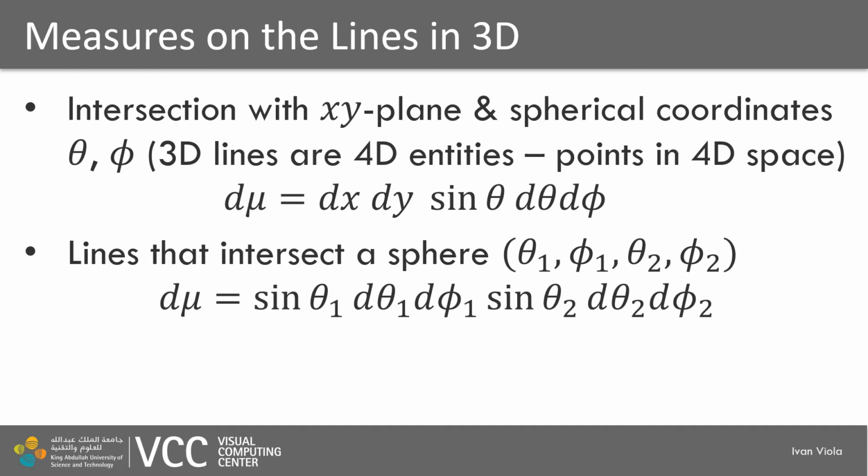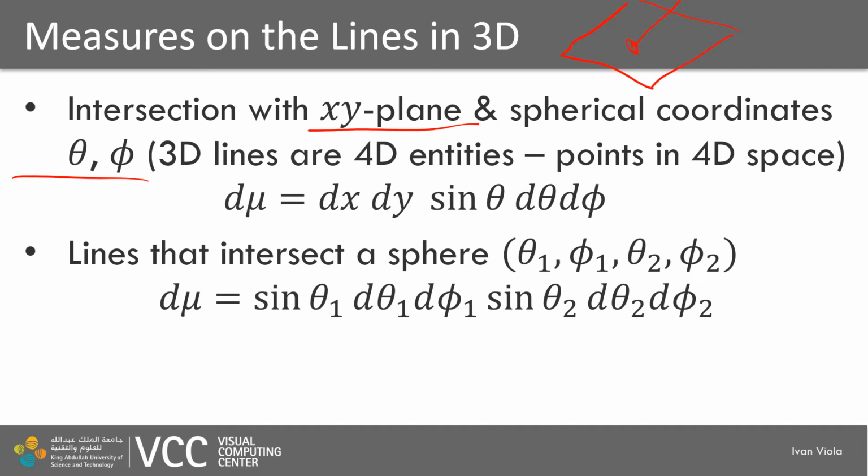We can also define measures on lines in 3 dimensions. For example, we can do it by intersecting first an xy plane, where we have the point characterizing the line, and then an angle. So if we have a space, we have a point in the xy plane, and then a certain solid angle, which is characterized by the theta and phi angles, the polar coordinates, which define the direction.